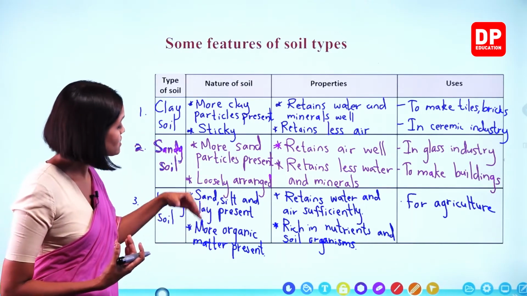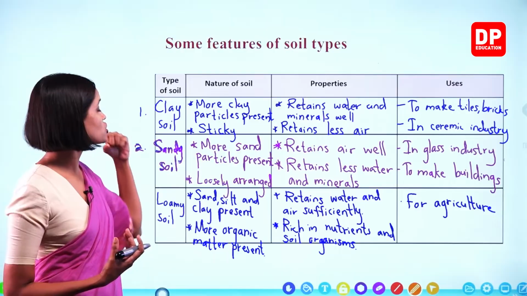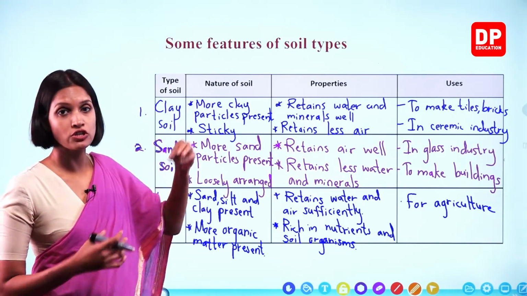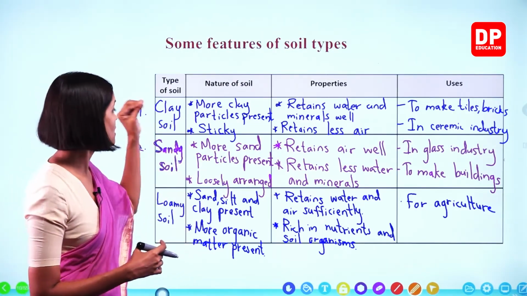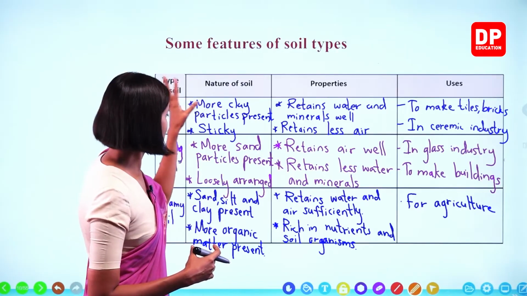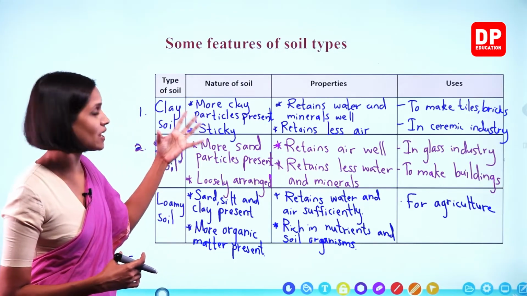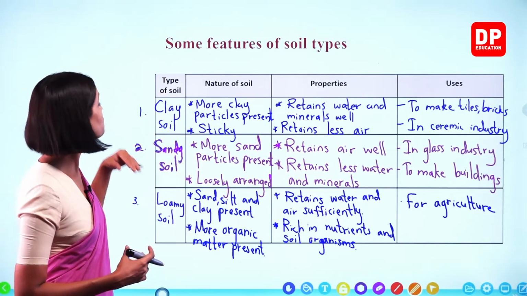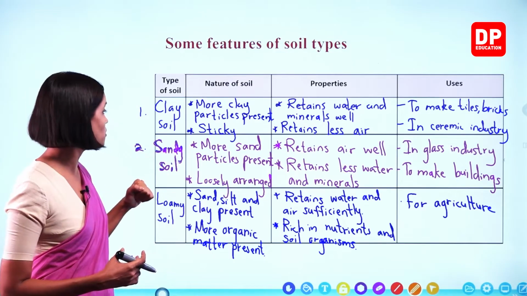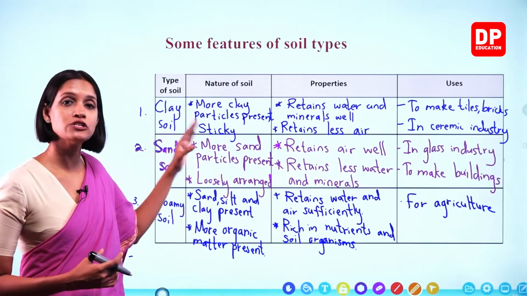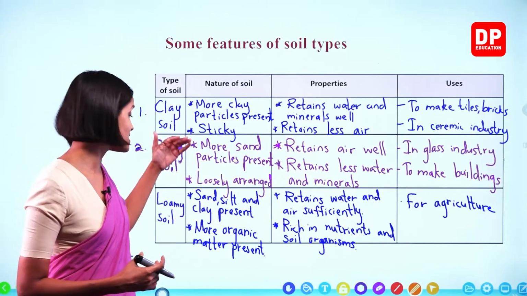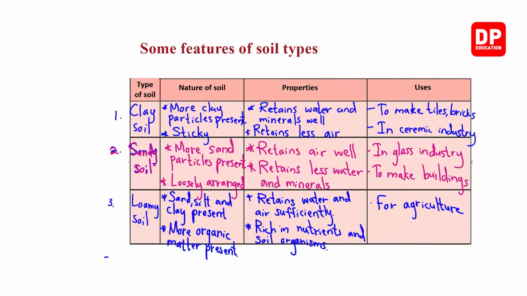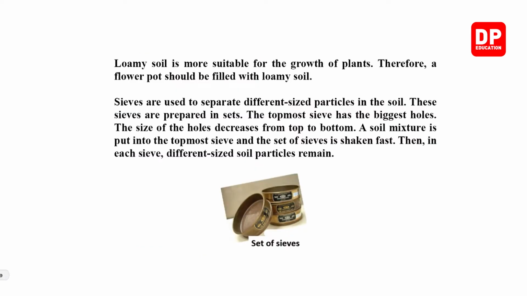Right? These organic materials can make this soil porous, which means spaces are present, okay? Make this soil retain water and air well. Therefore, you can change these other types of soils also into loamy soil by mixing them with organic matter. Okay, children? Right.